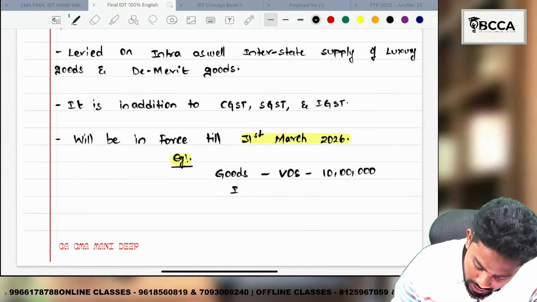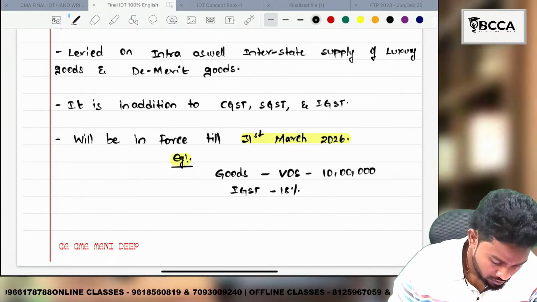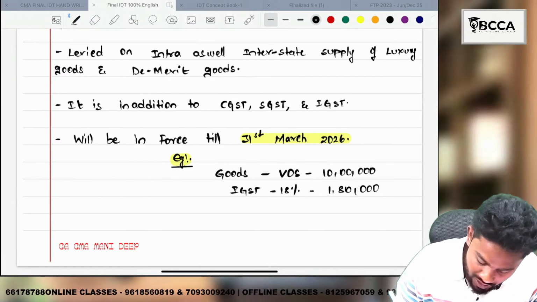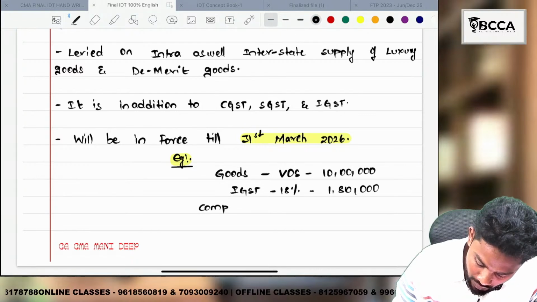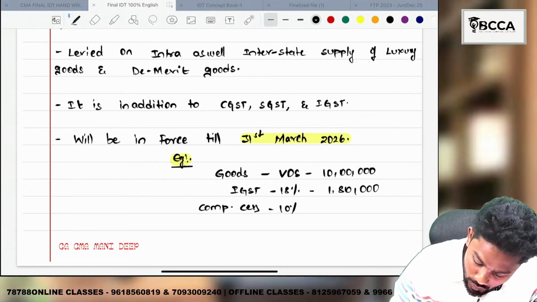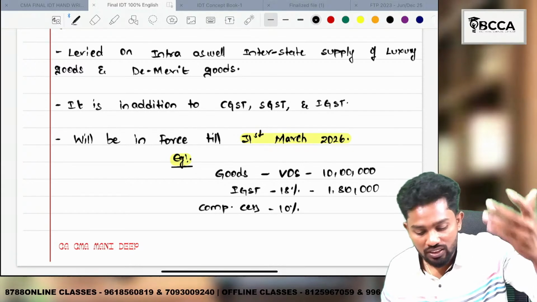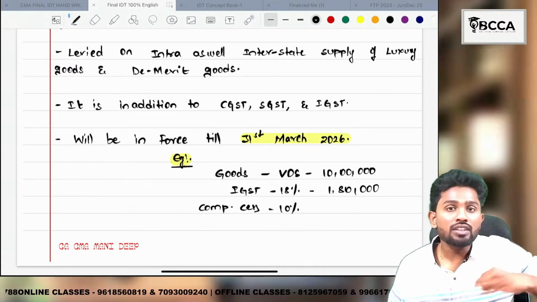On this, IGST has to be levied at 18 percent, which is 1,80,000. And now you should levy compensation cess at 10 percent on the same value of supply. On whatever value IGST is levied, on the same value the cess also has to be levied. So don't mix this up with income tax.